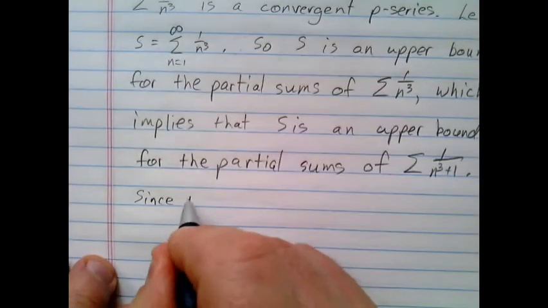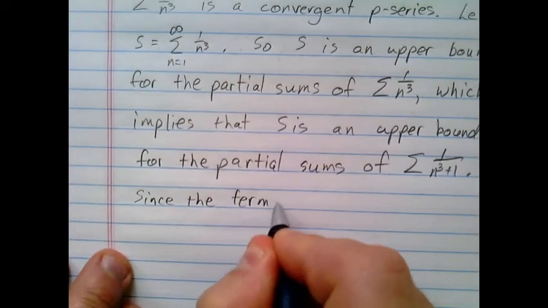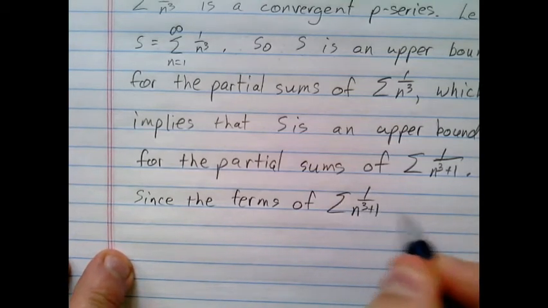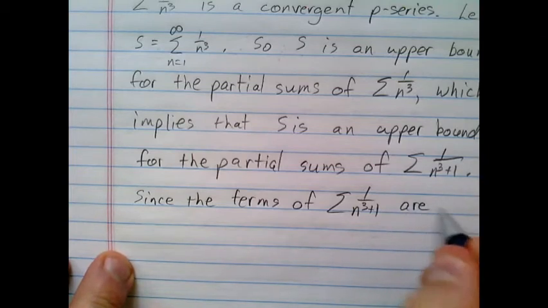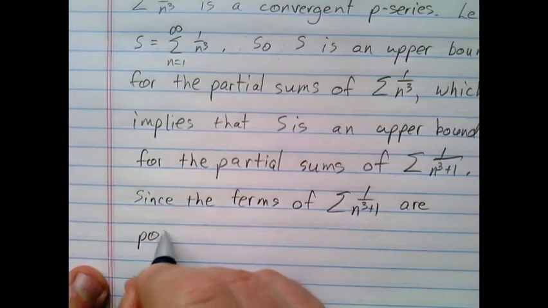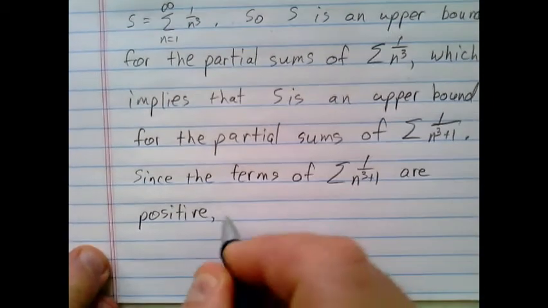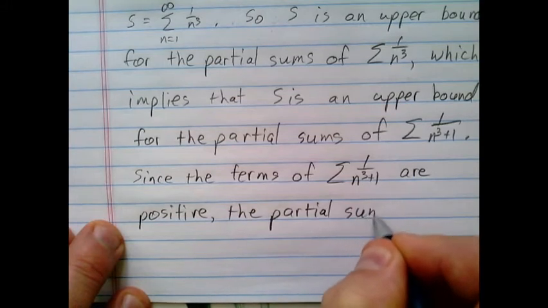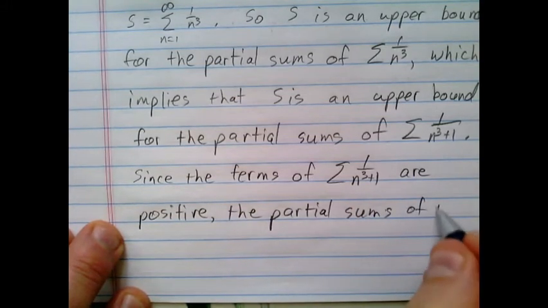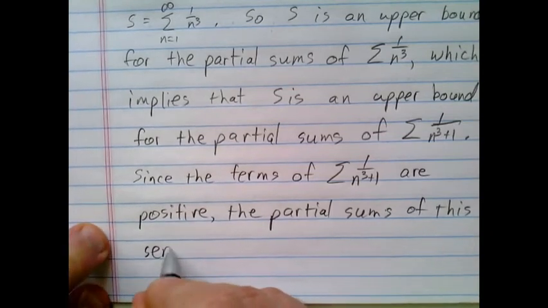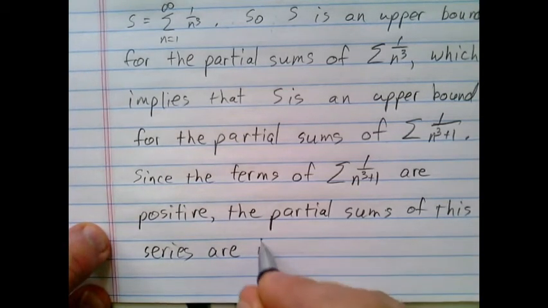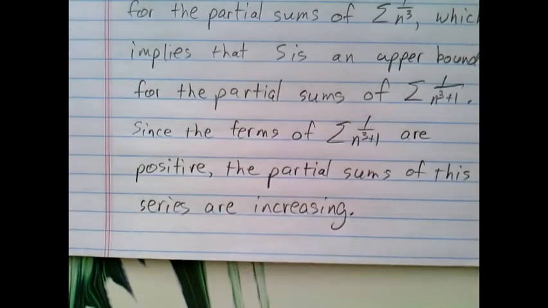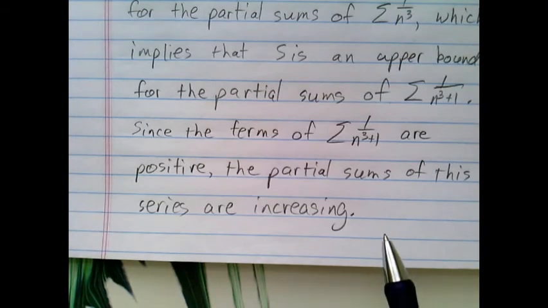So we'll say it like this. Since the terms of the series whose nth term is 1 over n cubed plus 1 are positive, the partial sums of this series are increasing.